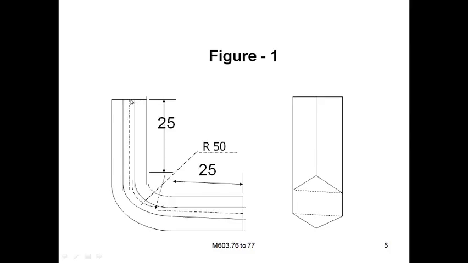Throughout the length, you observe that its cross section is the same. Up to 25 millimeter length, and here also for a 25 millimeter length, and you have a bent portion here with a radius of 50 millimeters.